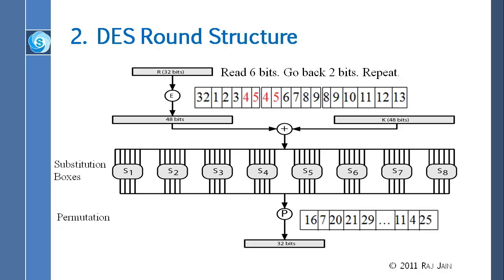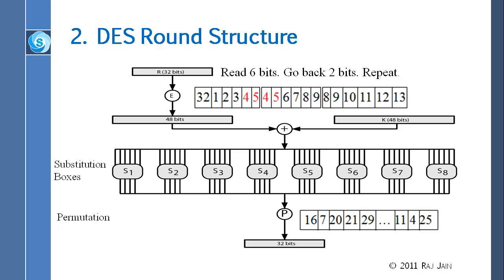And therefore now you get 8 times 4, back to 32 bits. Then you do a permutation. The permutation is like this. You take the 16th bit, whatever comes out here, and put that first, the 7th bit second, the 20th bit third, the 21st bit fourth, and so on. And that's how you get 32 bits.